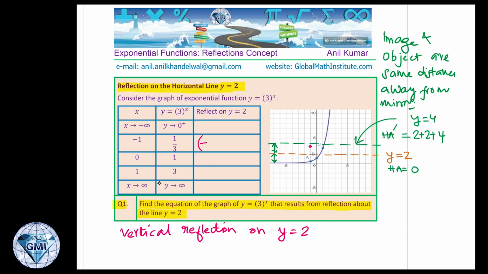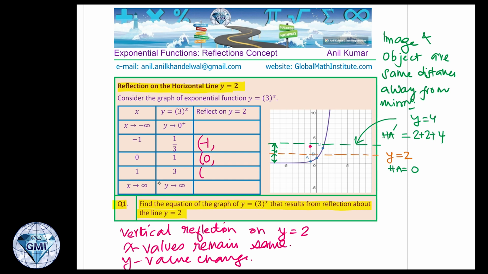So when you reflect that, then the x values will remain the same, right? Y changes, correct? What is going to be the change? Anyway, let's write down the x values, which are going to remain the same, right?